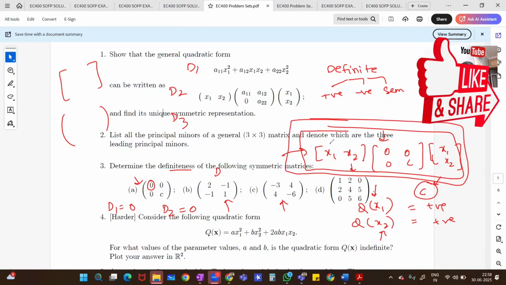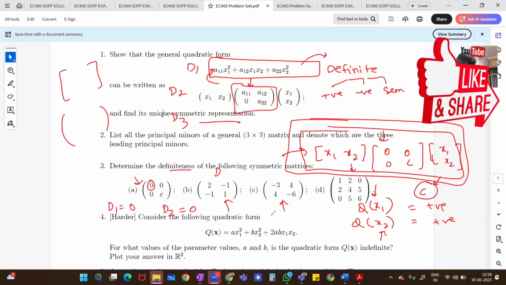Just like here, can you see this is not symmetric, but still we have got the quadratic form from it. Because the quadratic form is formed from the symmetric matrix, we can define it using the symmetric matrix, which we did, the symmetric representation, right? So you need to do it.